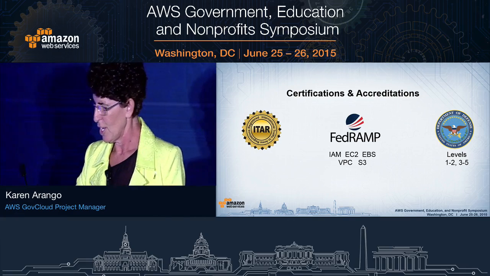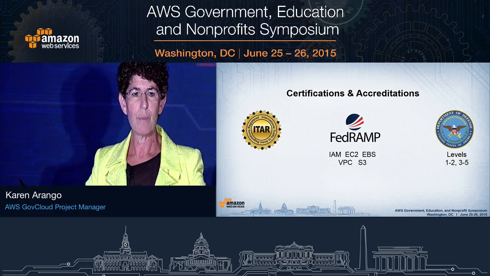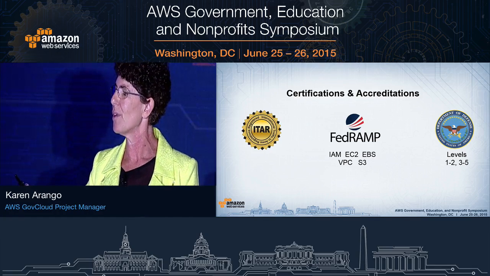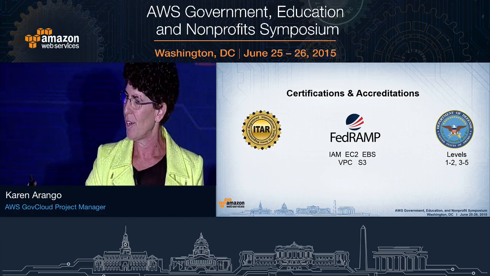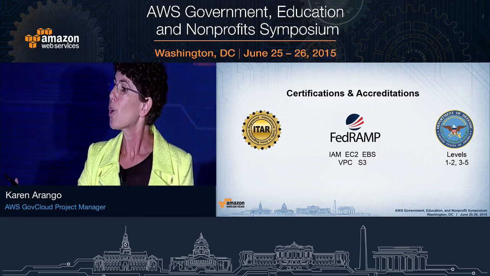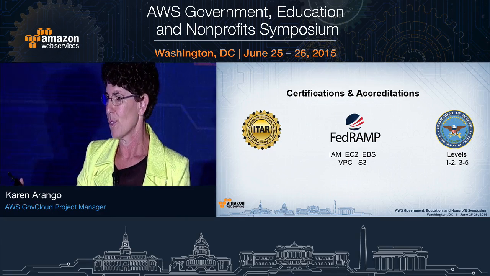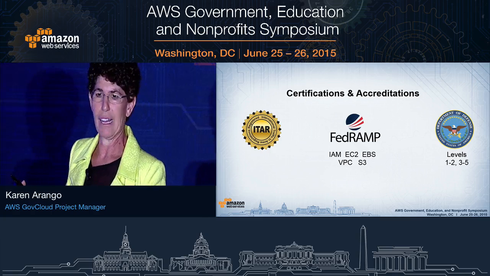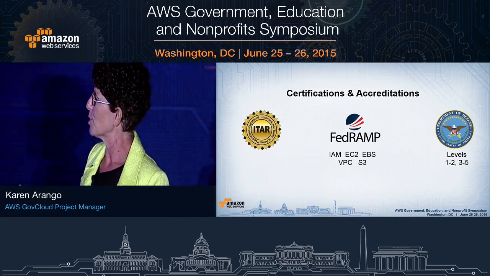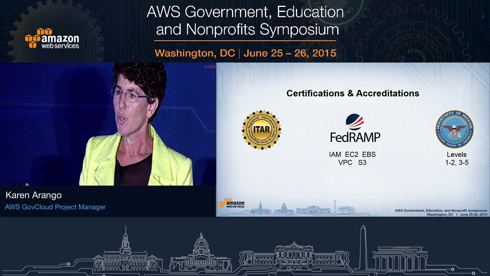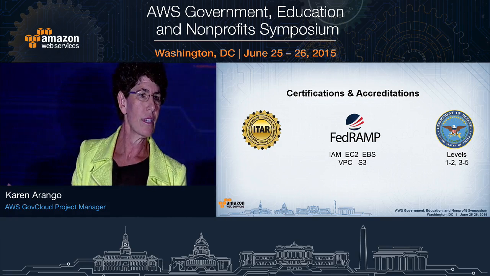All right, and then what comes after all the security controls that you have in place is the compliance regime. So how to record those, audit those, all the compliance that you have to take care of, and let your security people know how secure your systems are. So you can run ITAR workloads in the GovCloud region.